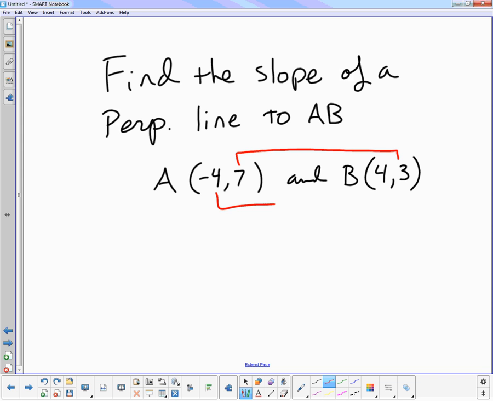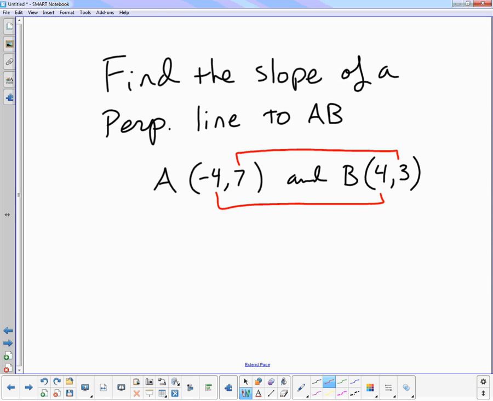Do the y's, then do the x's. Rise over run. From 7 to 3, how far do I go?